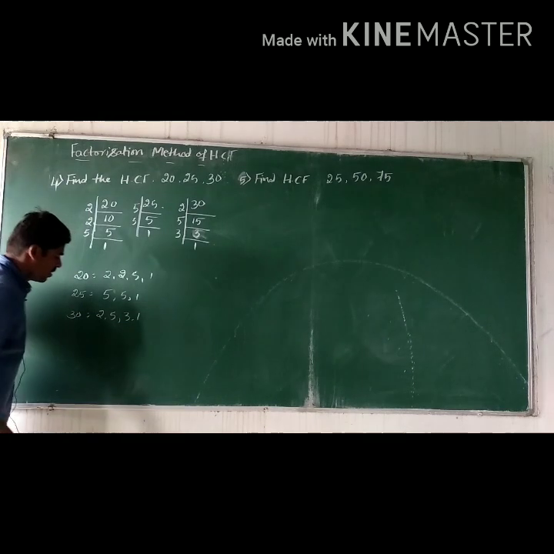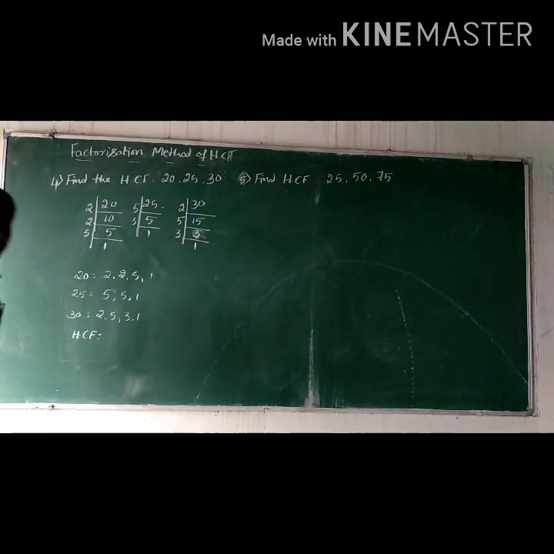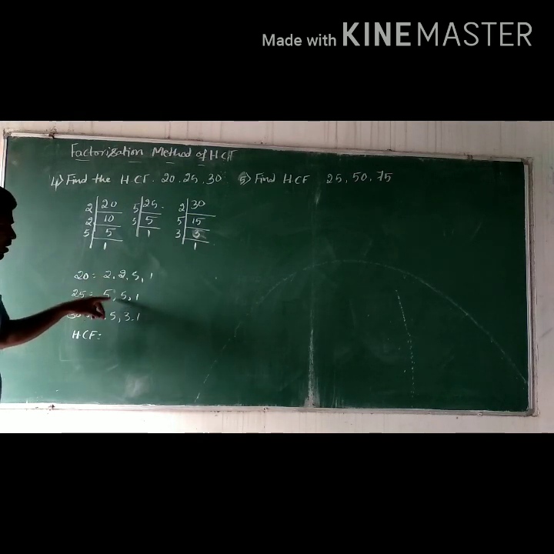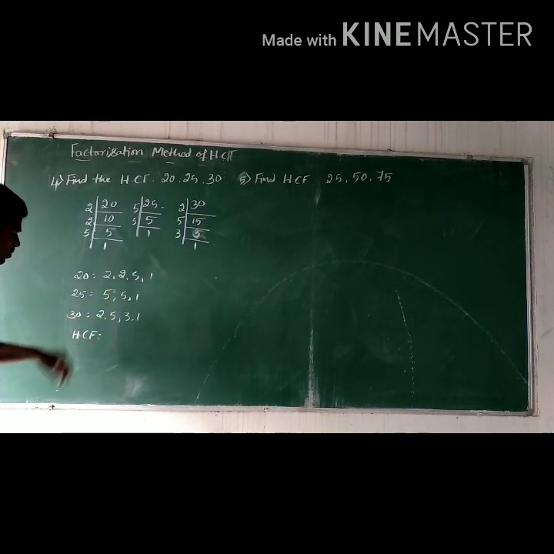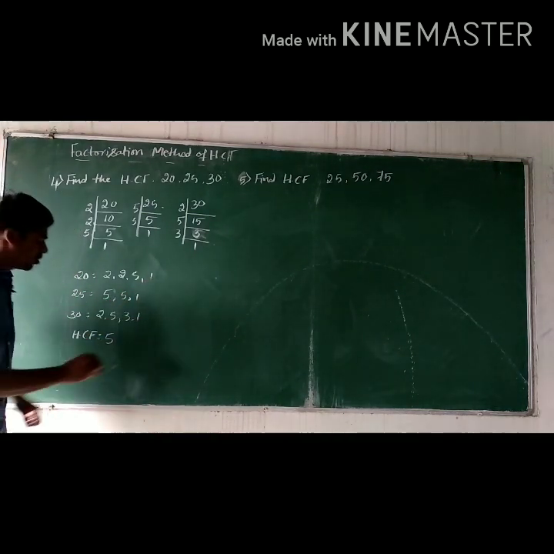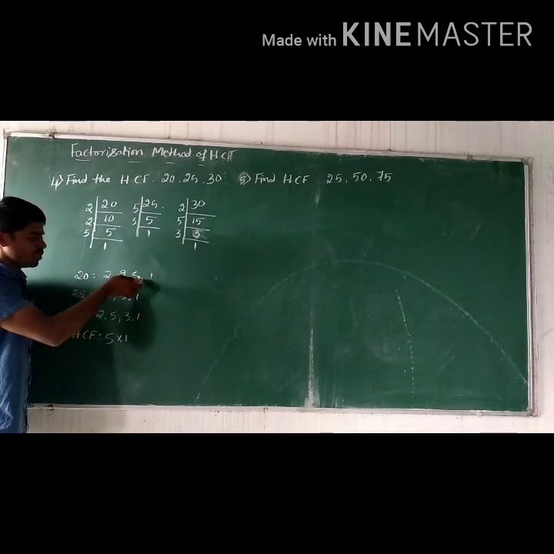Now calculating the HCF, we take the common, repeated numbers. 2 is here, not there in the 25, so don't take 2 because it is not repeated in all. 5 is repeated here, here and here, so take 5. 1 is repeated, so take 1. 3 is here but not in the others, so don't take it.